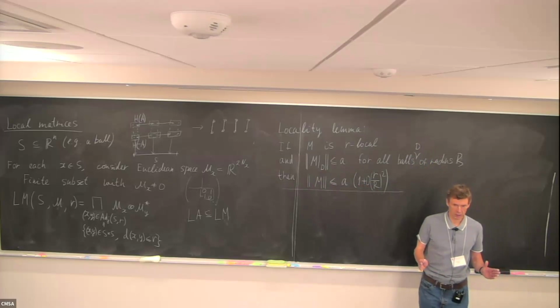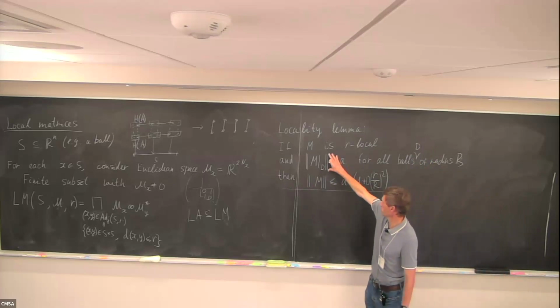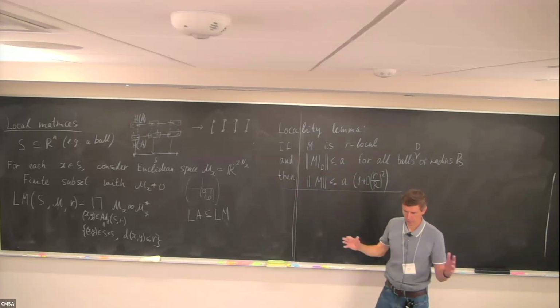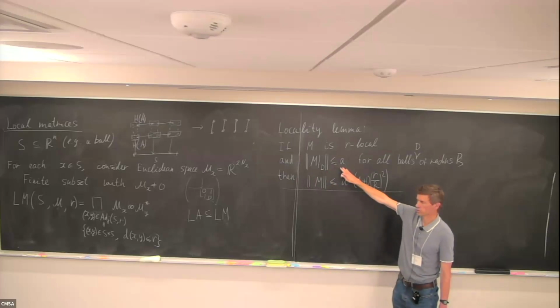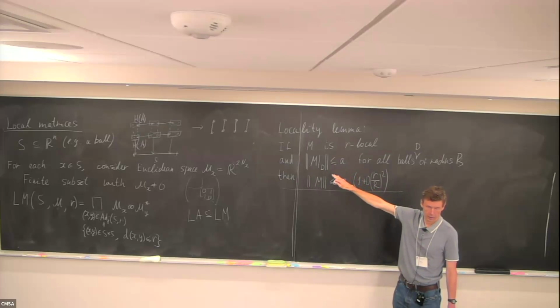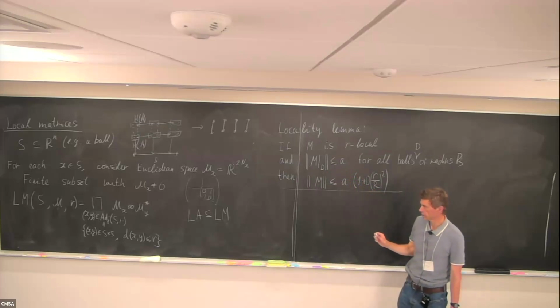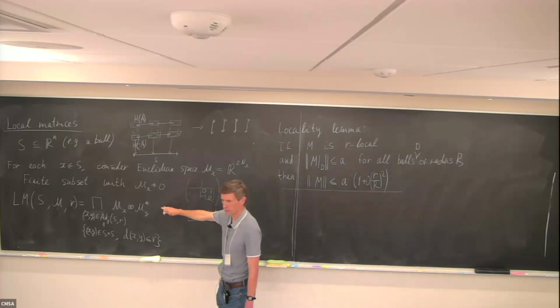There is a condition that needs to be checked for each small subsystem, this restriction, and then it will work for the whole system. Of course, this is a very simple condition that the norm is bounded. And to proceed with a more complex, more interesting condition, let's define local matrices on a space with boundary.